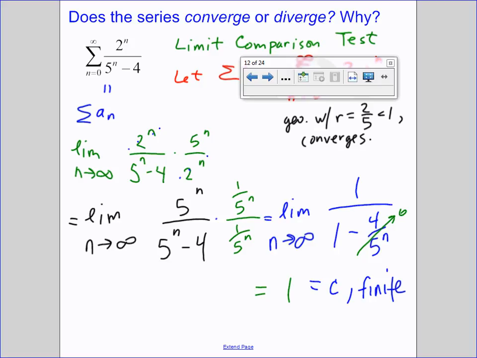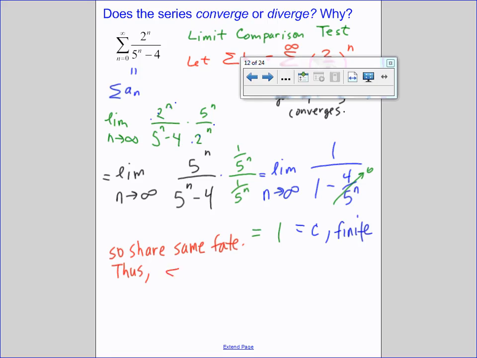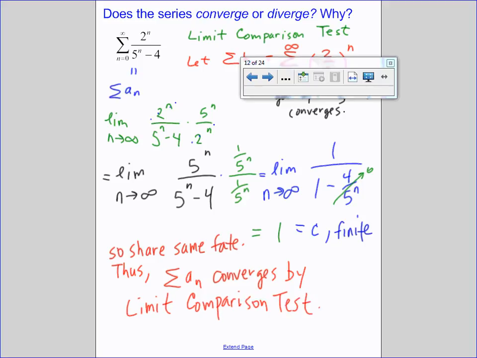So they share the same fate, thus the original series A converges by the limit comparison test. Hey, that's cool. All right, so we slightly tweaked our Bellwork number 1 and we got a new test out of the deal.